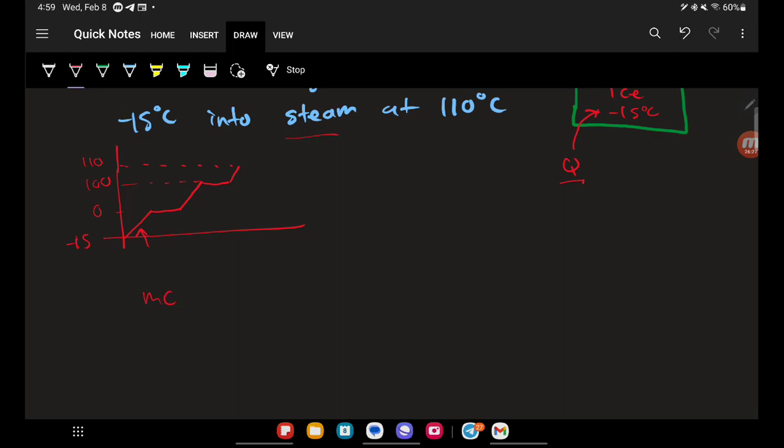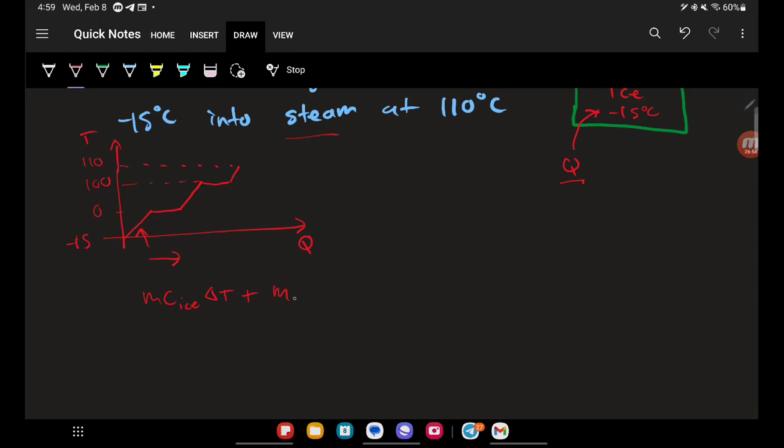So C ice, this is important because it increases in temperature based on the specific heat capacity of ice, and the change of temperature is from negative 15 to 0, and then it is going to melt. Okay, so whether it's positive or negative, in this case it is going to be positive because it's a positive Q. So if you illustrate it here and you know how the process is, then it should be safe.